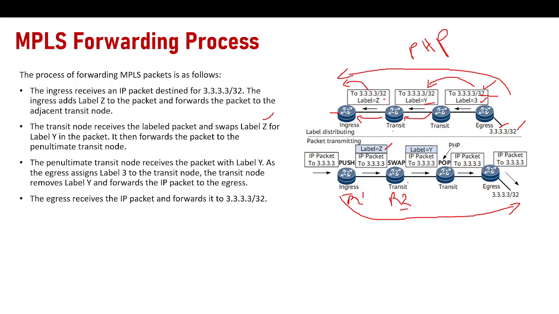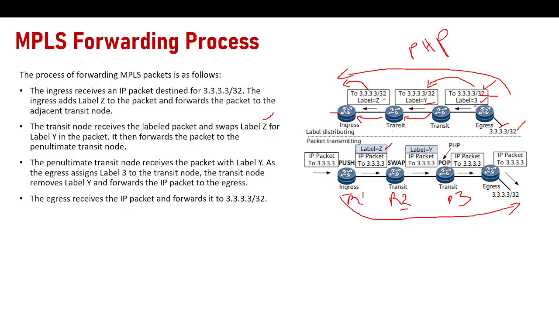And then this packet arrives on our PHP, our penultimate hop. I call it router 3. Router 3 has received a packet coming in with label Y, and it has a mapping that if a packet is coming in with label Y, you need to do PHP. Remember, it received label number 3 from the egress router. So it will remove the label.